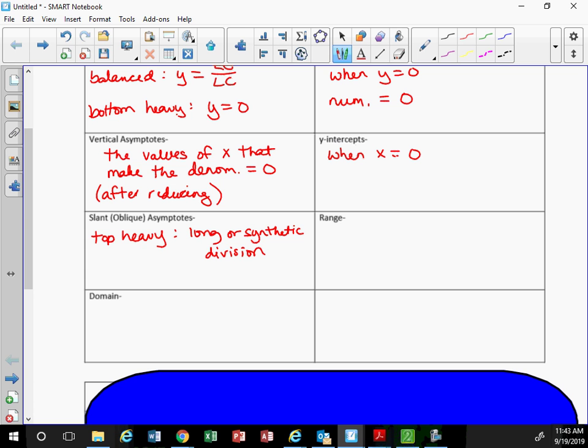Do you guys remember the other thing we should probably talk about? Holes, yes. Okay. How do I find the hole of a graph? Yeah. Common factor, yes. Common factor in the numerator and denominator.